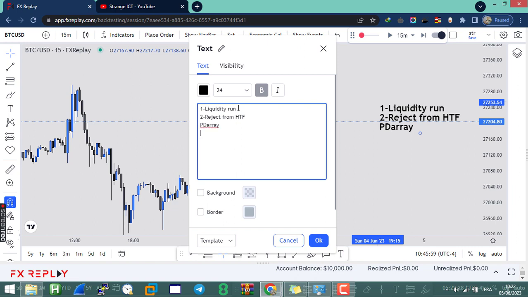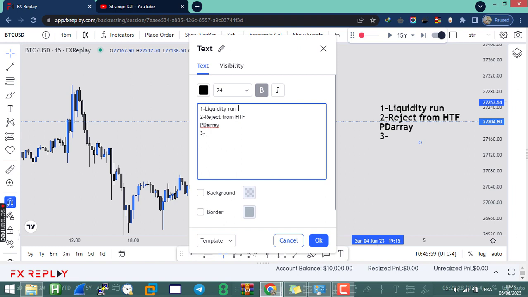A higher time frame PD array can be either an order block, a fair value gap, a breaker block, a rejection block, whatever. After taking that liquidity, you want to see it reject from a higher time frame PD array, and that PD array must be just a little bit above or below that liquidity.